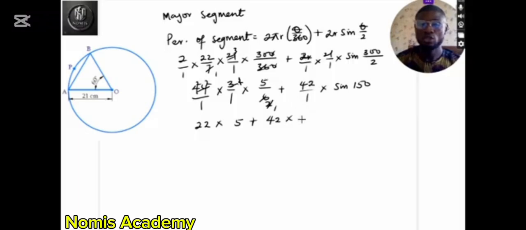Sine 150 equals 0.5. So this is 110 plus 42 times 0.5, which is half, is 21. So 110 plus 21 gives us 131 centimeter. So the perimeter of the major segment is equal to 131 centimeter.